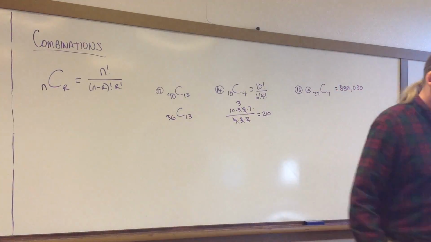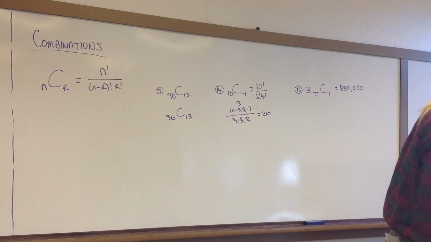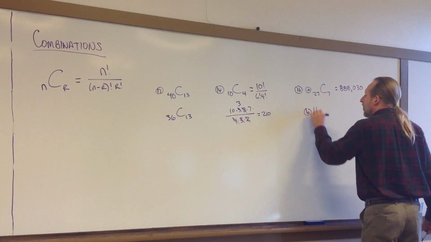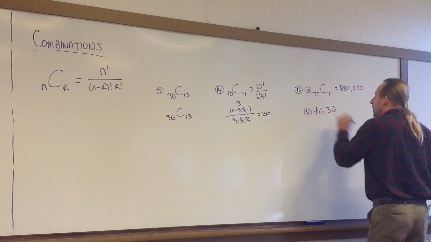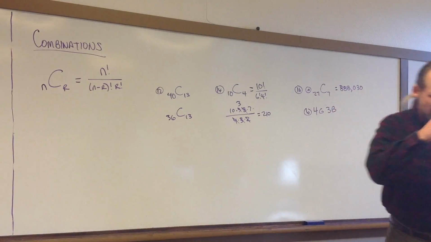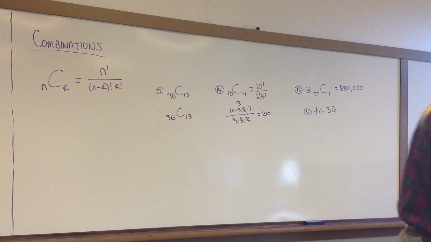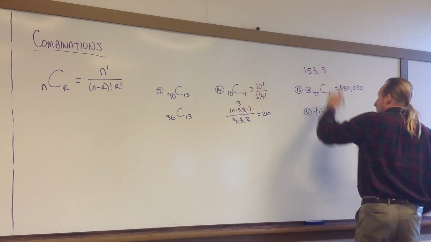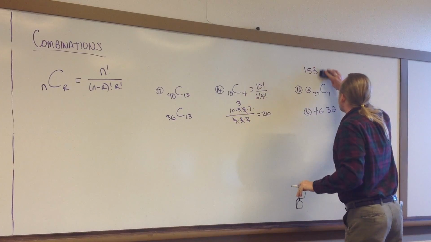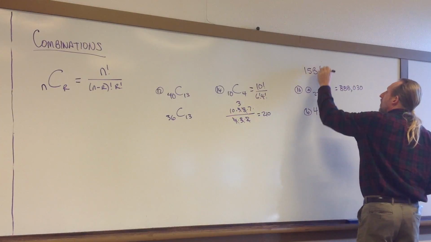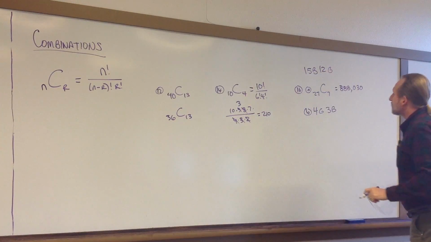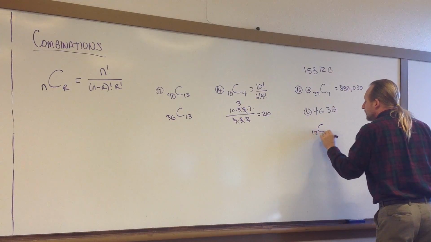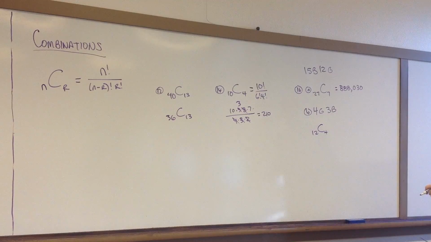All right. Part B. The group contains 4 girls and 3 boys. We're starting with 15 boys and 12 girls. If we want 4 girls from the 12, that'll be 12C4, right?